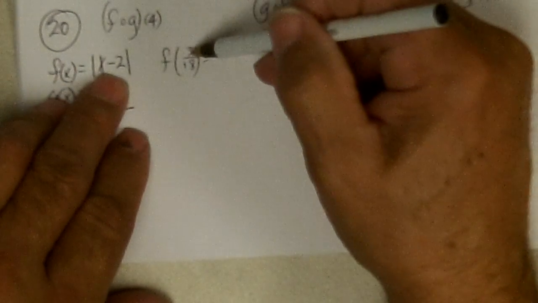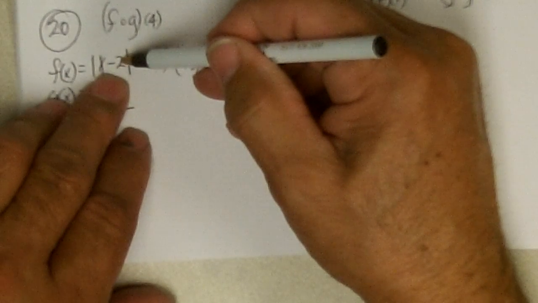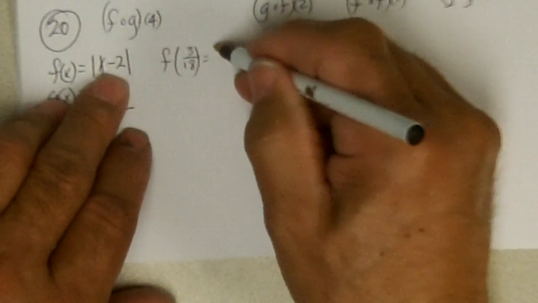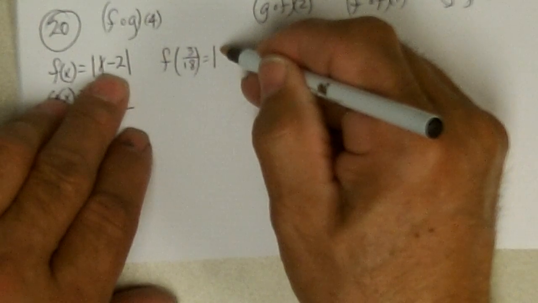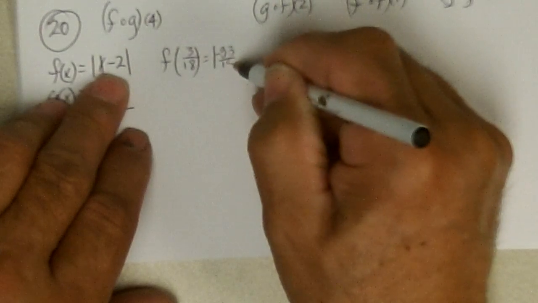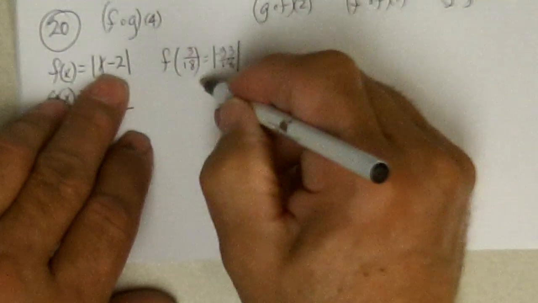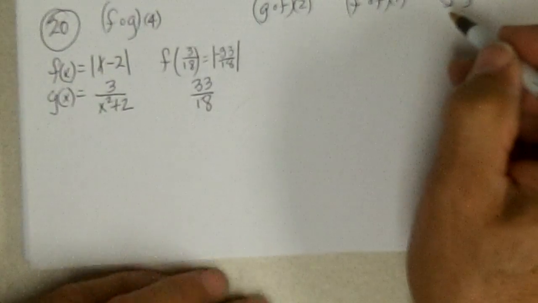So I've got to take 3/18 minus 36/18, which is minus 33/18, and the absolute value of that is 33/18.